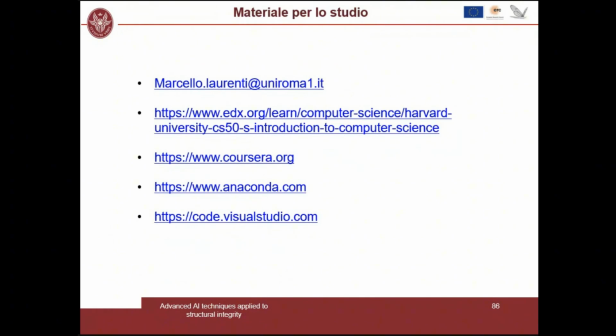Of course, you have to apply it to fully grasp how things work. Also, here on edX, there is a really nice introduction to computer science. If you don't know anything about programming, follow that first, because it's really nice, honestly. And as for environment, I use Visual Studio Code to code, and I really suggest you use it if you want to code in MATLAB or anything. And that's my email if you have any questions.